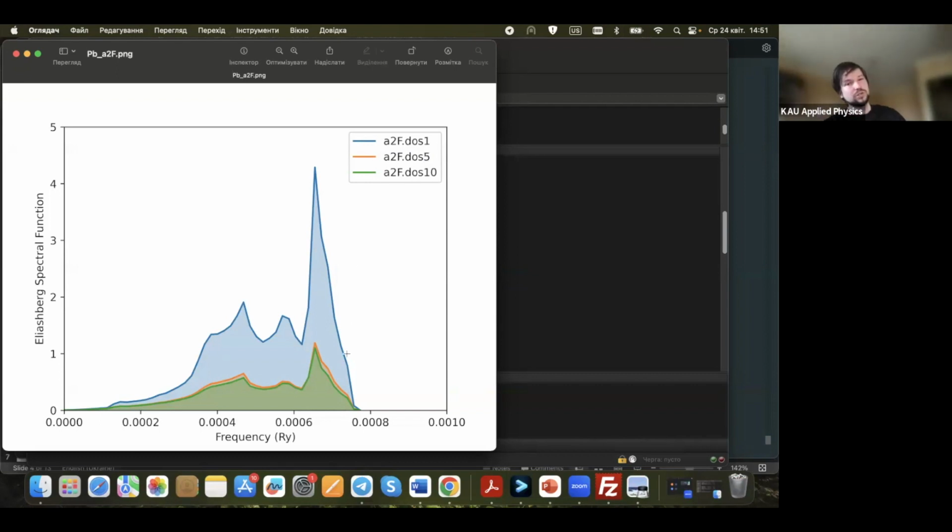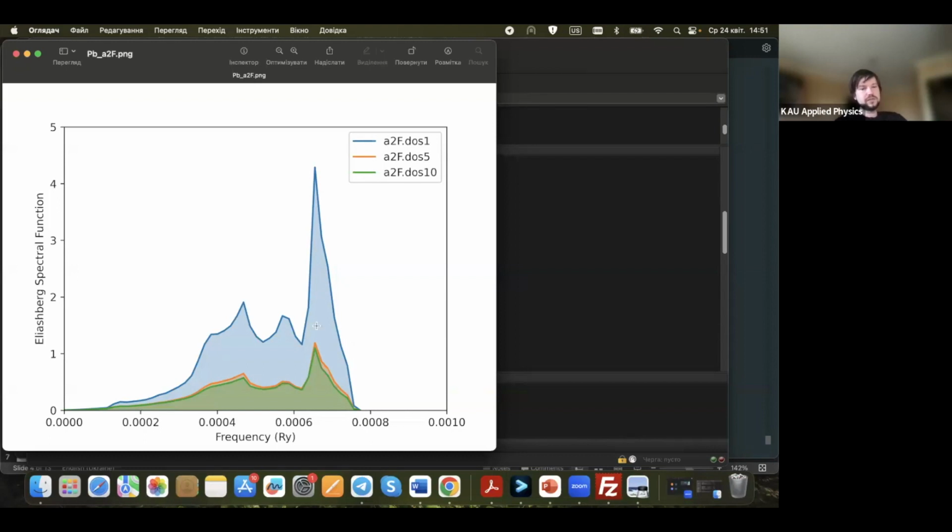These two don't change. So this is the spectral function for electron-phonon interaction. We can say that at higher frequencies, we have the biggest interactions between electrons and phonons.